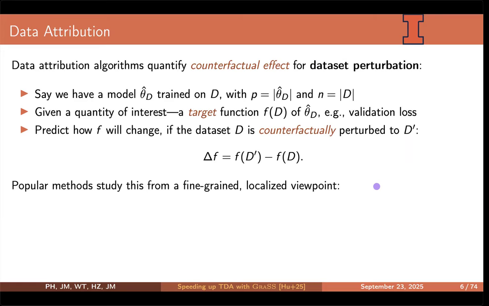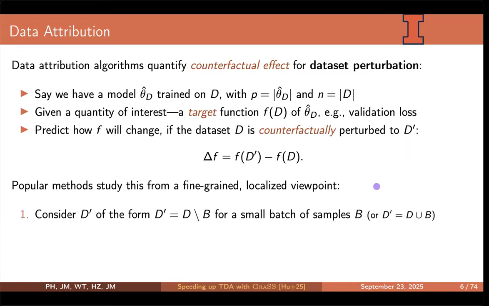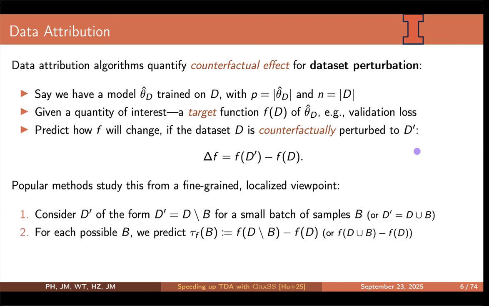So the popular methods study this from a fine-grained, localized viewpoint. Specifically, we will consider D prime of a particular form, which is D minus B, where B is a small batch of samples. So think about what will happen if we remove, let's say, these 10 points from our training set. How will that affect our validation loss? And for each possible B, if we can predict this delta f, then we can reason about a lot of different things.